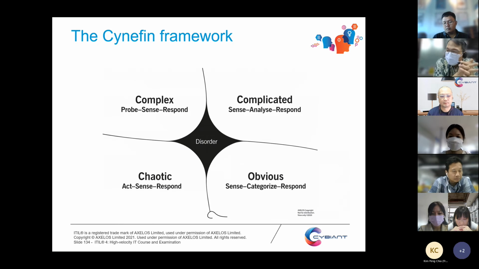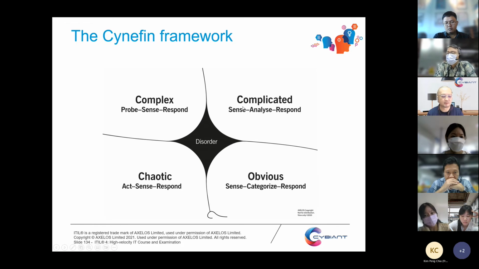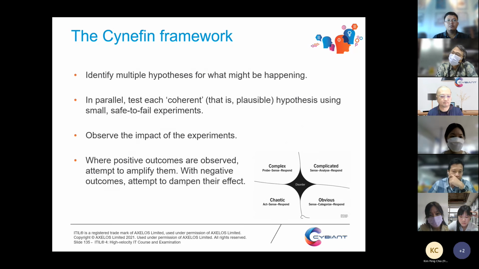Some systems are very complex, which is in that category. Some are really chaotic, there's no way to understand them. Some are just complicated because they involve a lot of subsystems. Some, when you look at them, hey John, this is quite obvious. So this is just a way of trying to categorize.